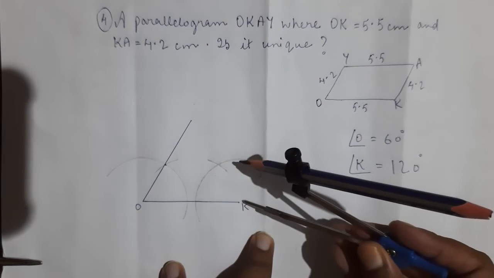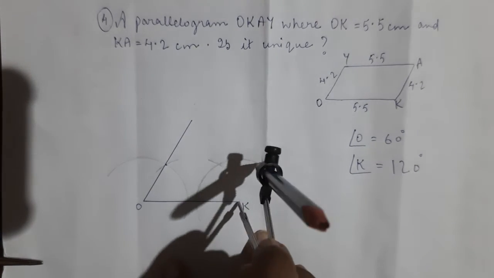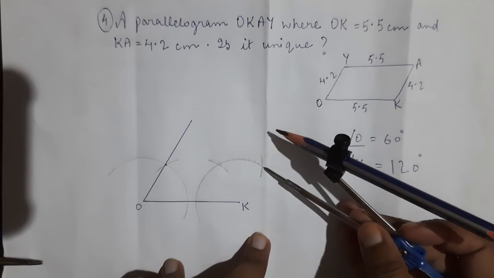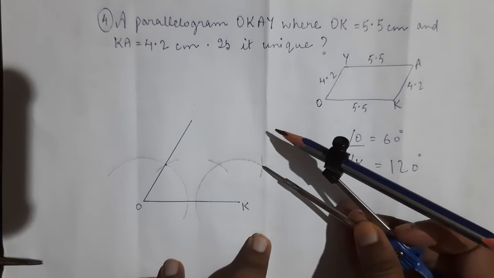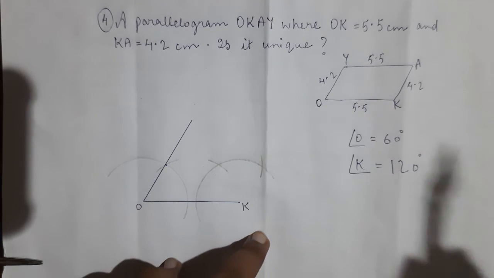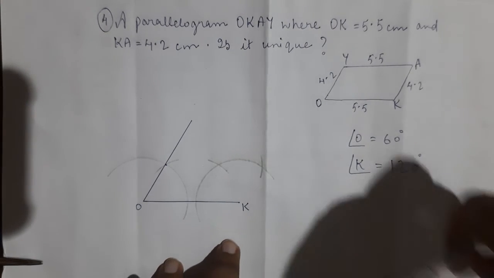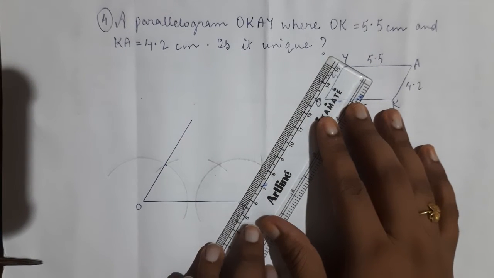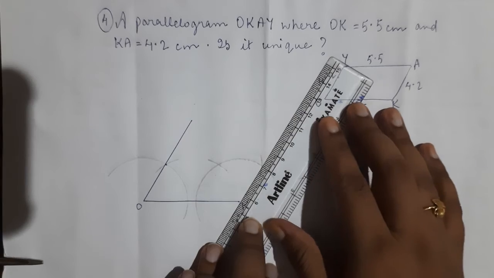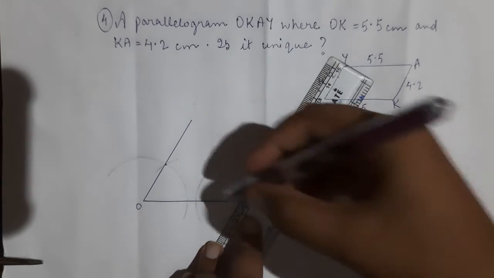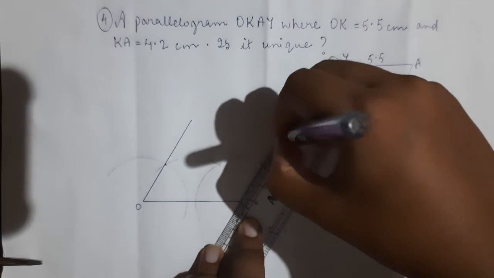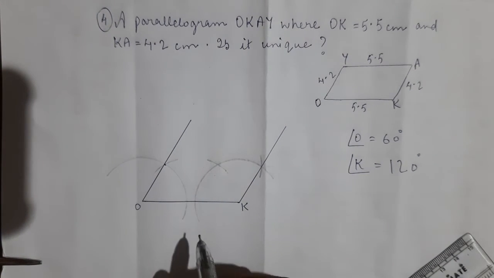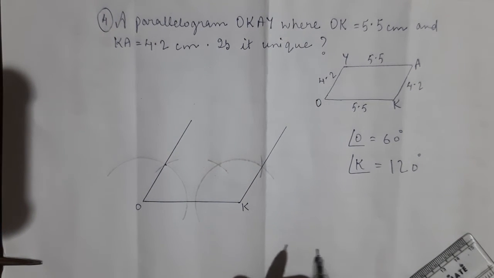Let us make this arc a little bigger. So this angle, if I join, becomes 120 degree. Let me join. See, we have joined, right? So the angles are done.